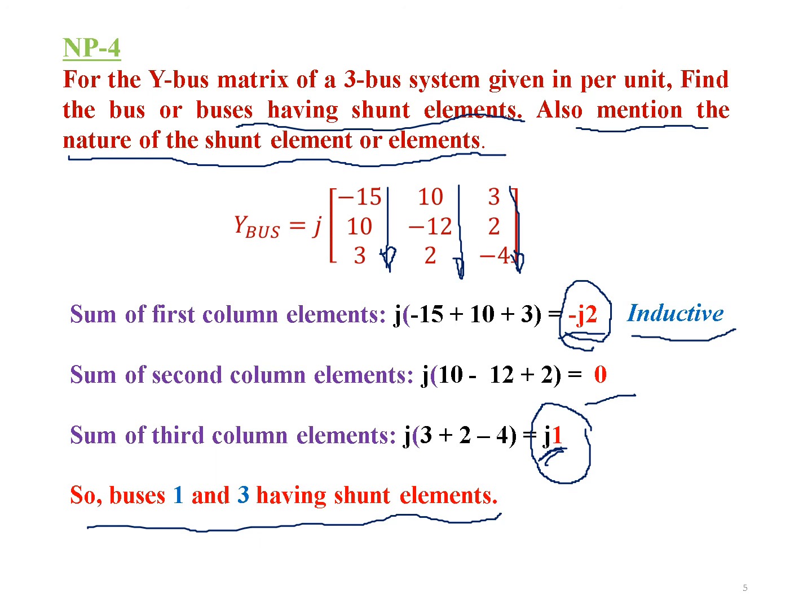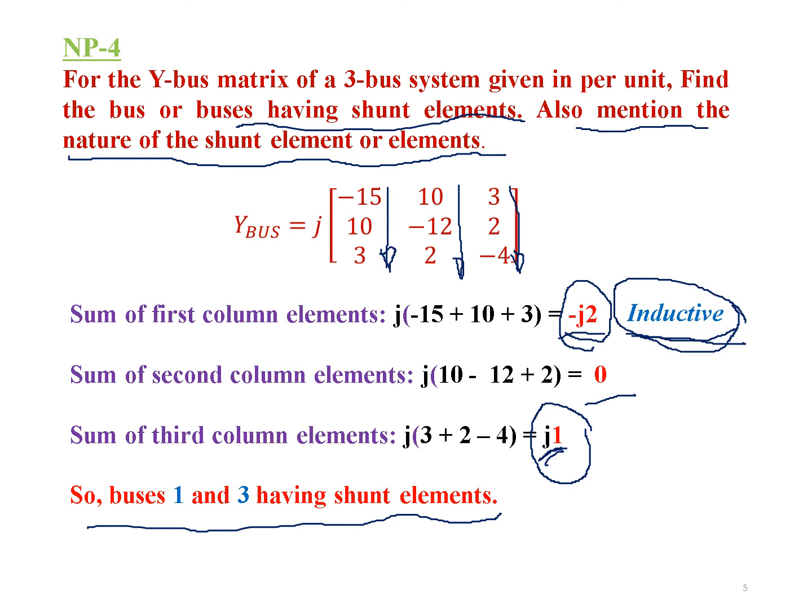Because all of you know inductive reactance is represented by a positive value, some j times some numerical value. For admittance, if you take the reciprocal, that value is negative. So due to that reason, if the non-zero value is negative, we can comment that the shunt element connected to the bus is inductive.